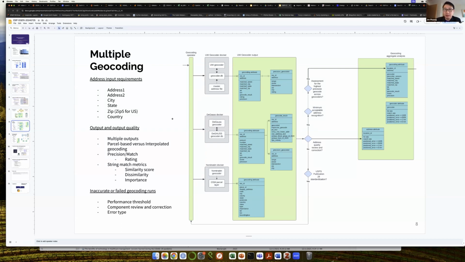Okay. Yeah, so that's definitely one thing that I have been thinking about, because some papers, some research, they're just doing one geocoder, or one of the methods, like parcel based. Esri ArcGIS is going to run parcel based geocoding first, and if they can't find it, then they'll do a kind of interpolated geocoding.